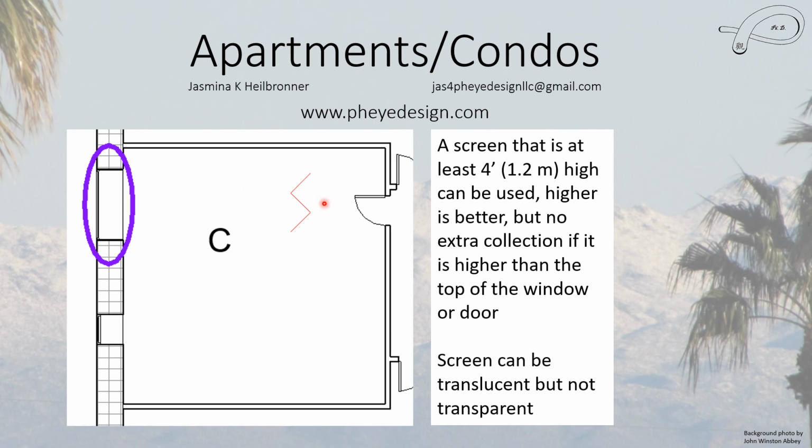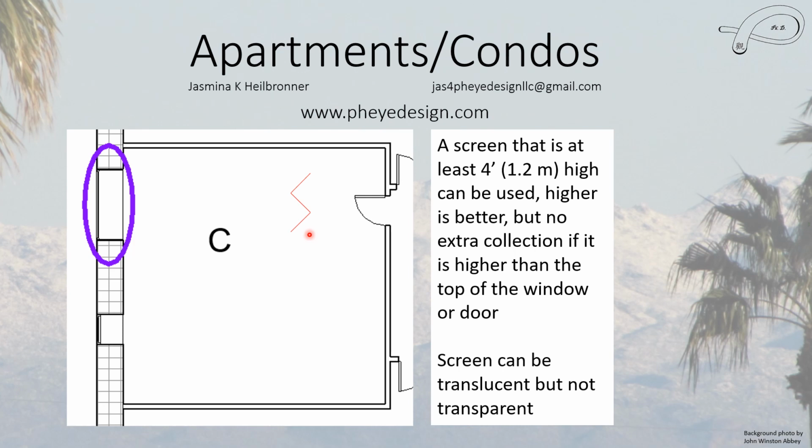So you could put up a screen. It should be at least 4 feet high. It can be higher, but if it's higher than the door, it doesn't make any extra improvement, so it doesn't have to be too high.